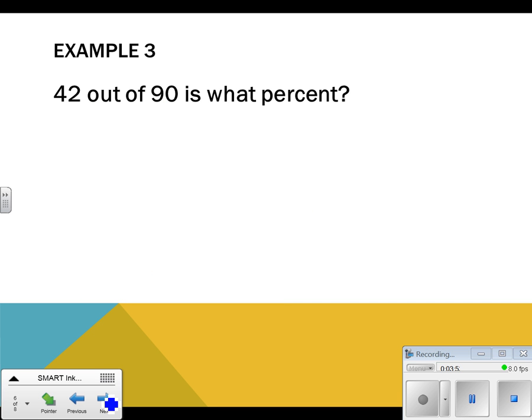Example 3. 42 out of 90 is what percent? So obviously here we're looking for the percentage. And if we have 42 out of 90, 42 would be the part and 90 would be your whole. So using, once again, the percent formula, the part, 42, equals the percent as a decimal, which is what we're looking for.